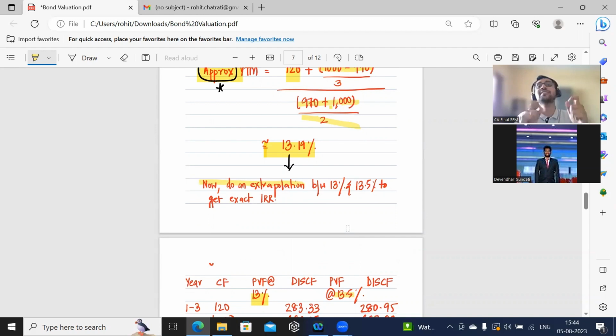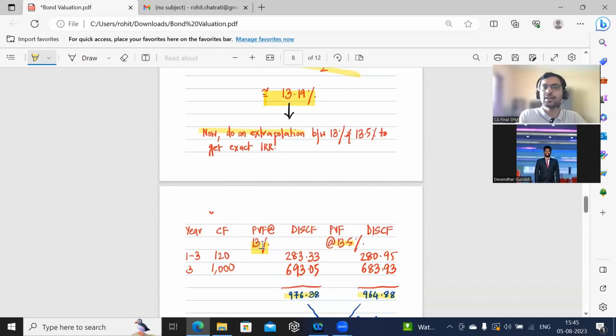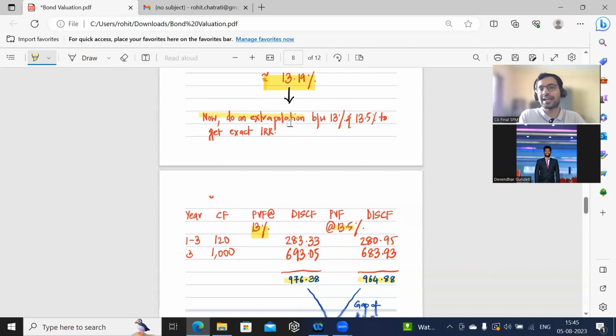IRR is that rate at which your NPV is equal to zero, which means your discounted cash inflow and outflow should be equal such that your NPV is zero. Similarly, if I discount over here using the IRR rate, whatever the YTM or IRR rate, the bond intrinsic value should exactly come as $970.